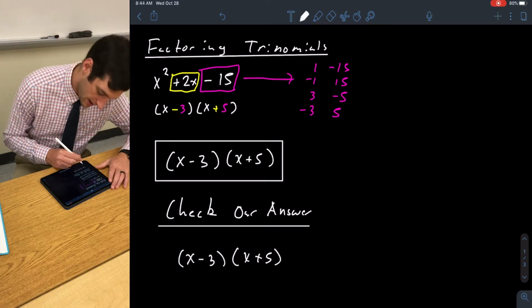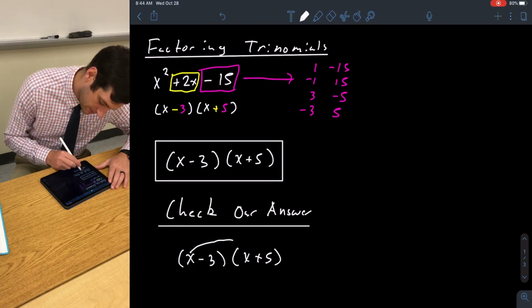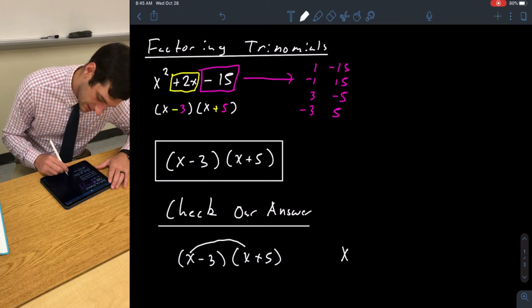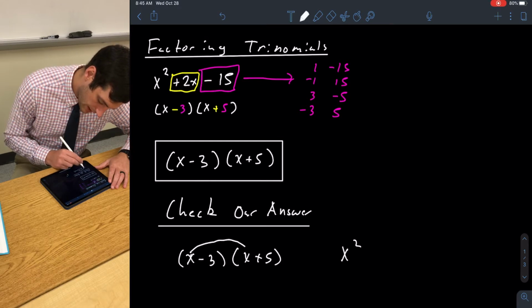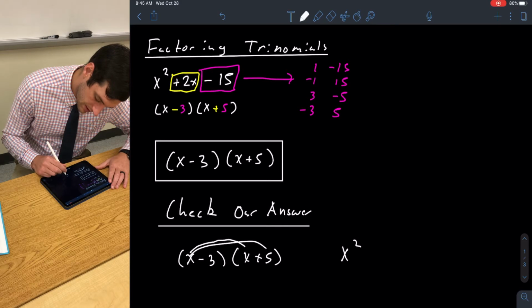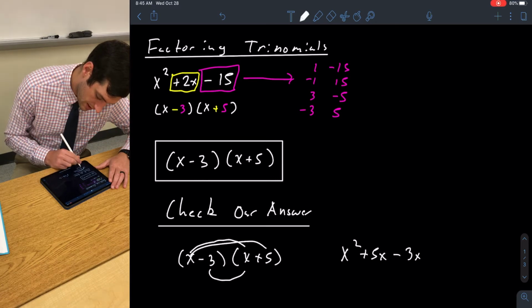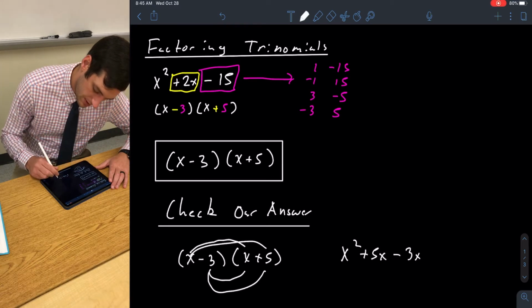Okay, so let's start out. X times x is x squared. X times positive 5 is positive 5x. Negative 3 times x, negative 3x. Negative 3 times positive 5, negative 15.